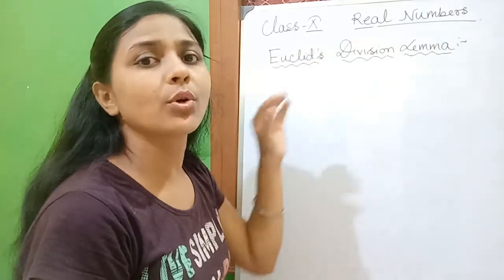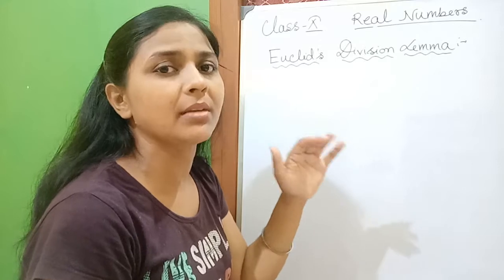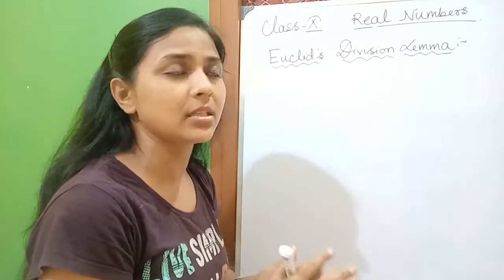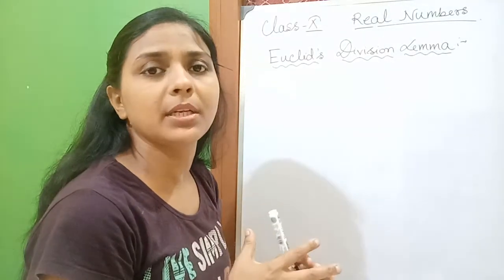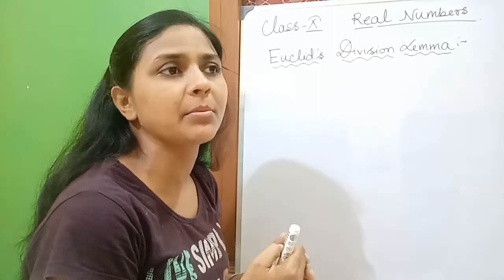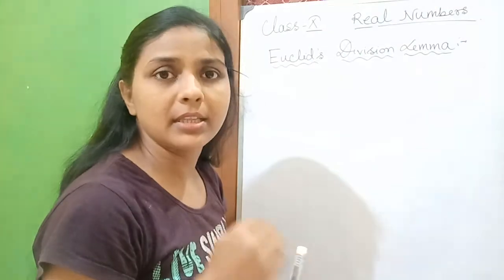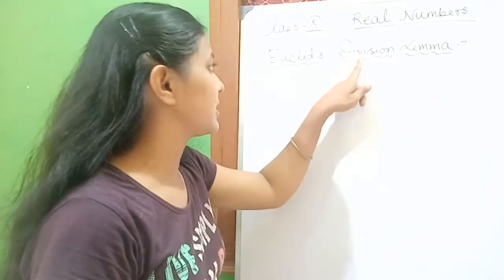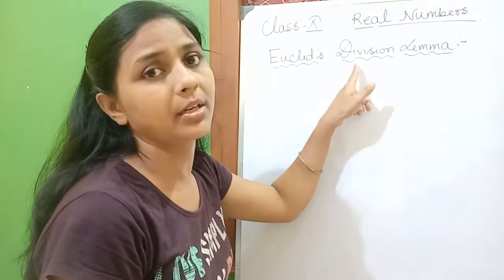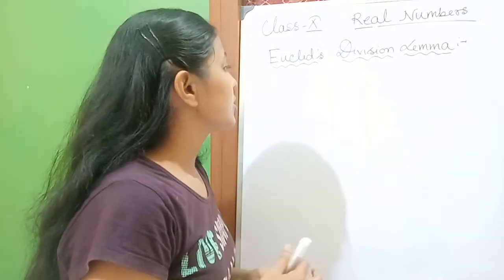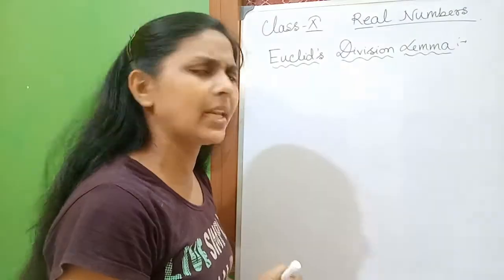So before we go to Euclid's division lemma's main part in detail, we need to know some preliminary ideas, some preliminary knowledge. The first thing that you have to know for this is division, a normal division process. So think about any two numbers.